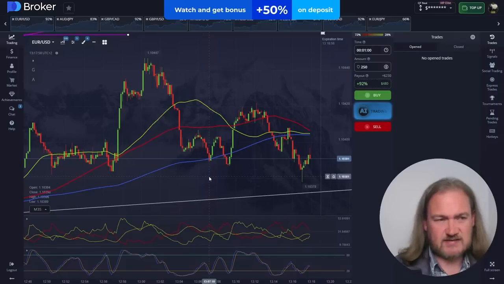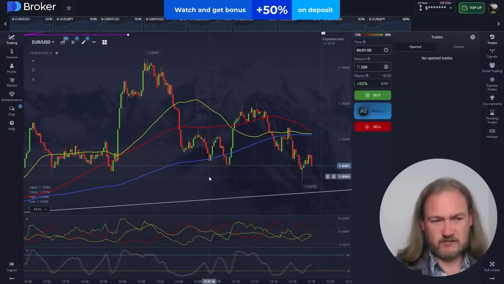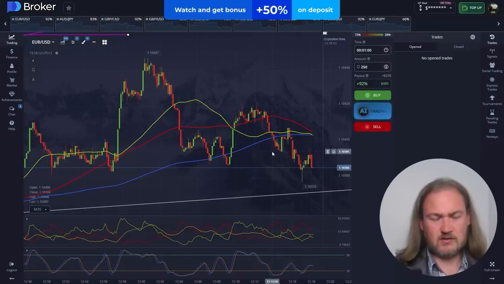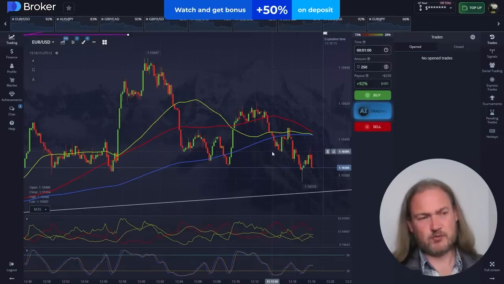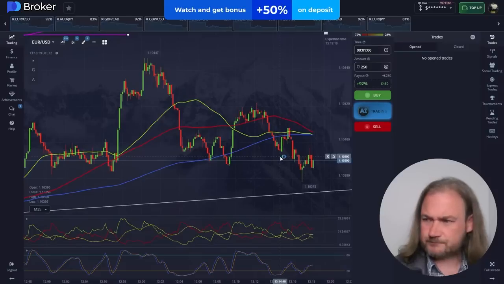I take that as a signal that price is going to reverse. It's going to use that moving average or that trend line, as it's the same principle, as either support or resistance depending on where price is in relation to the moving average or the trend line.